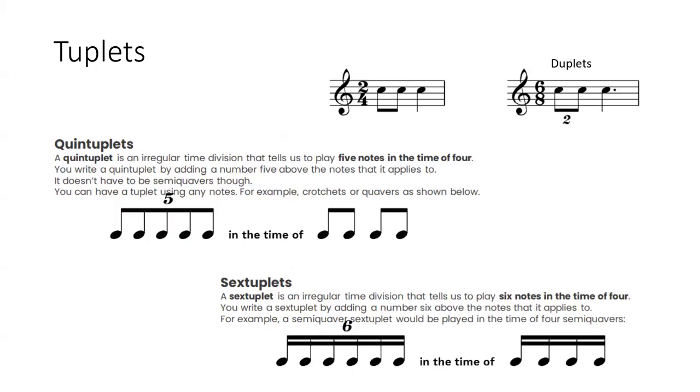But really, this is to explain that if you see the number above, then you have to evenly break down the beat that it's on into that number of notes. So 5 into a beat, or 6 into a beat.